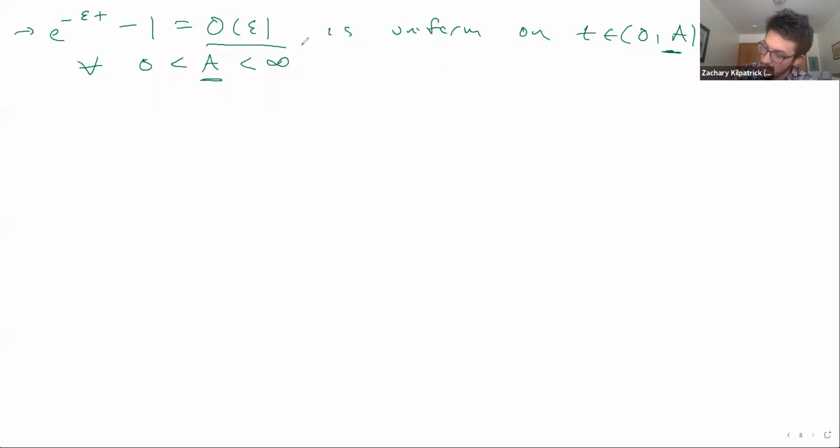So that's something to consider when you're writing big O notation for a particular bounded region. Okay. So that's properties of order relations. We've introduced big O and little o notation. We talked some about uniformity.